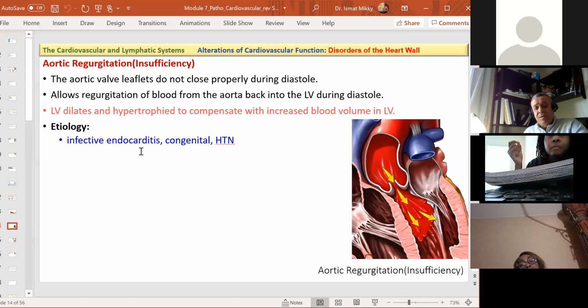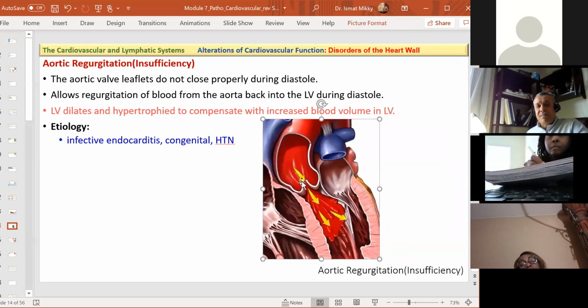Aortic regurgitation, in which the aortic valve becomes incompetent, which is called insufficiency of the aortic valve.